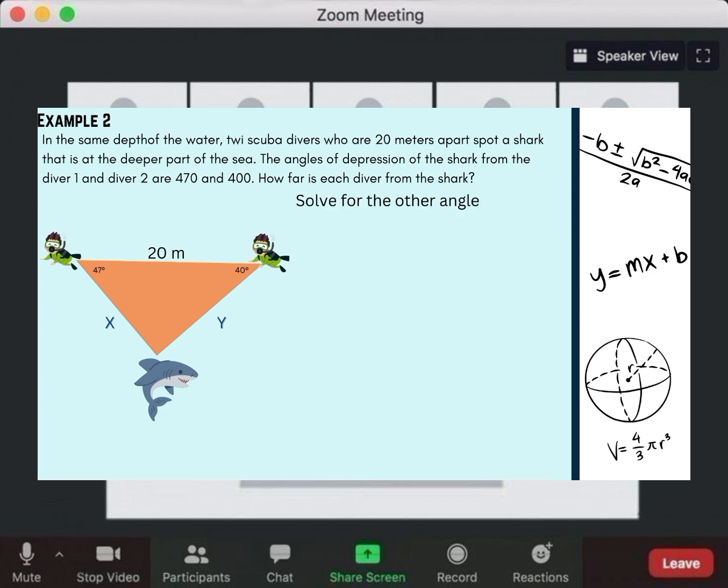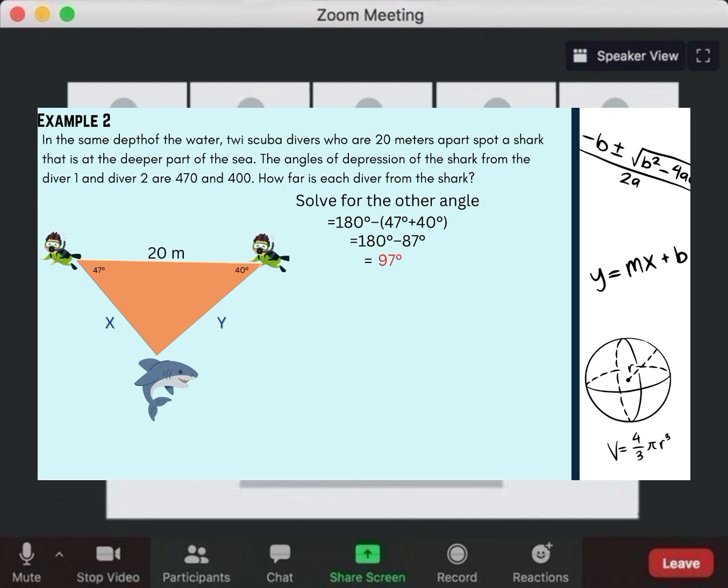To solve for the third angle, we subtract the sum of the two angles from 180 degrees, which will be 180 degrees minus the sum of 47 degrees plus 40 degrees, and that is 87, so we have 93 degrees.